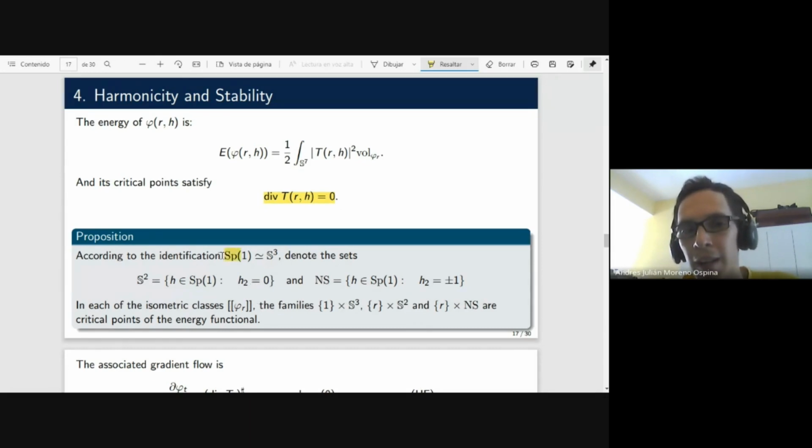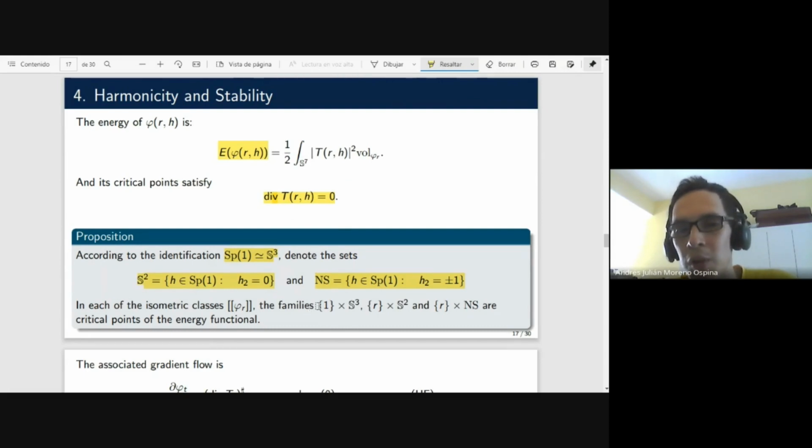If you identify the unitary quaternions with the three-dimensional sphere, and you define these subsets, that we call S2, which could be interpreted as the equator of S3, and this set, which will be like the poles of the 3-sphere, you can describe the critical points of this energy functional, which are the G2 structures that satisfy this divergence-free condition.